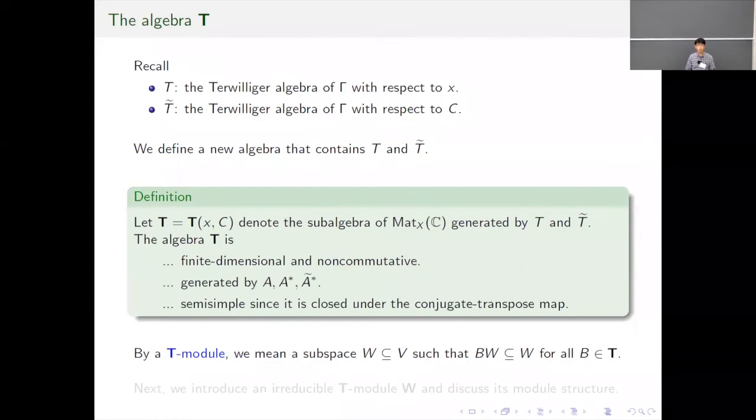The relationship between A and A star tilde is not exactly the same as the relationship between A and A star.